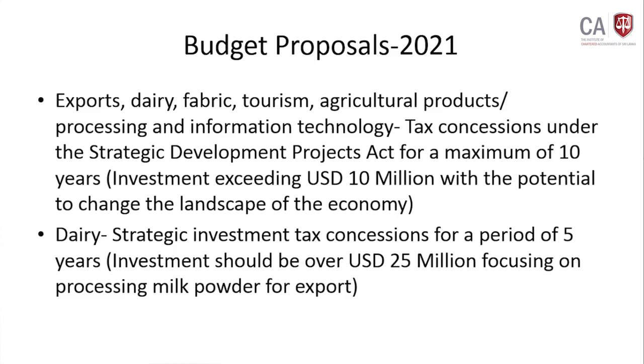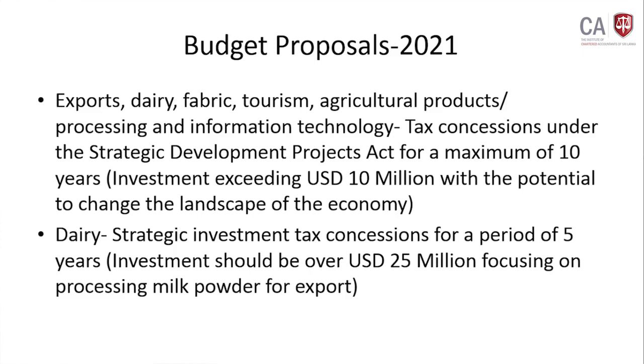Look at the second budget proposal, which applies to the industry. Strategic investment tax concession for a period of 5 years. Investment should be over USD 25 million, focusing on processing milk powder for export. So, we have this opportunity.